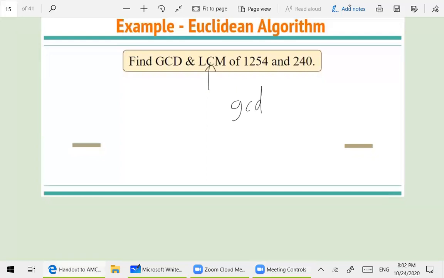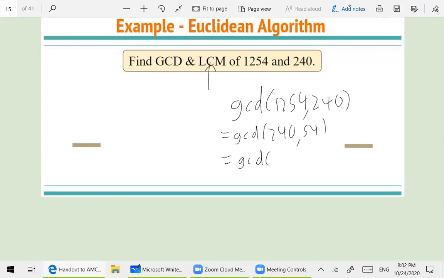Okay, GCD of 1254 and 240 equals GCD of 240 and 54, and this equals GCD of 54 and 24, and this is clearly 6. So the GCD is 6.